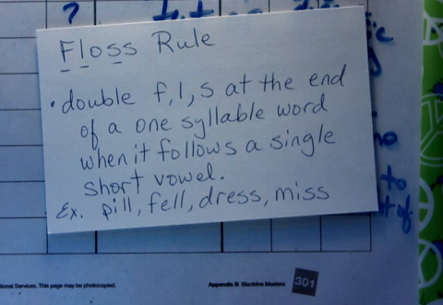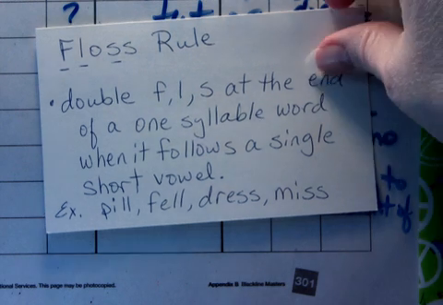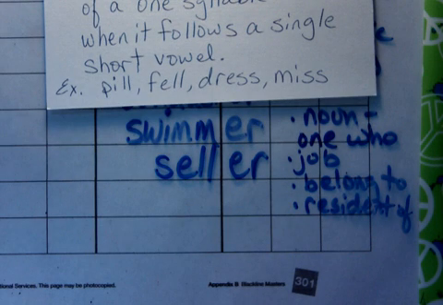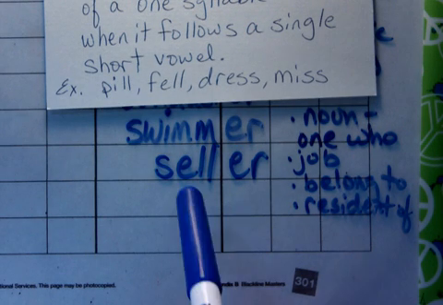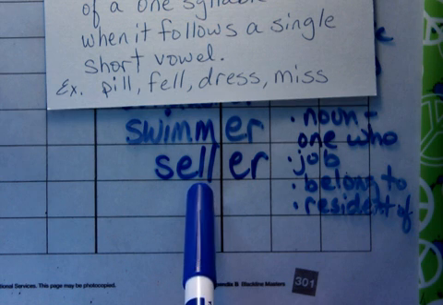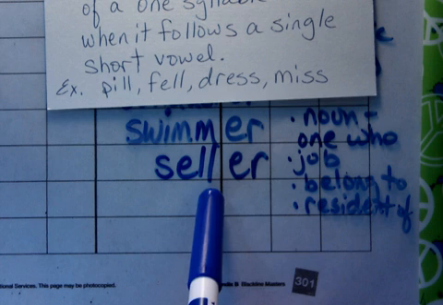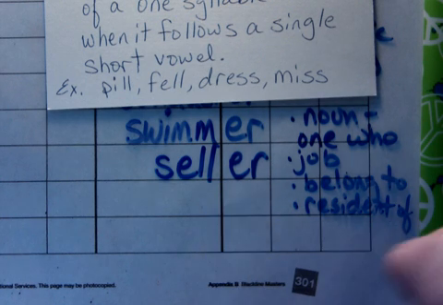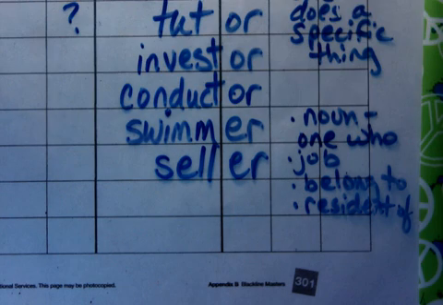The Floss Rule, you double the F, L, or S at the end of a one-syllable word when it follows a single short vowel. And our word sell meets that criteria. So sell is already doubled. We do not add one more L. It's already got two L's. We leave it alone.